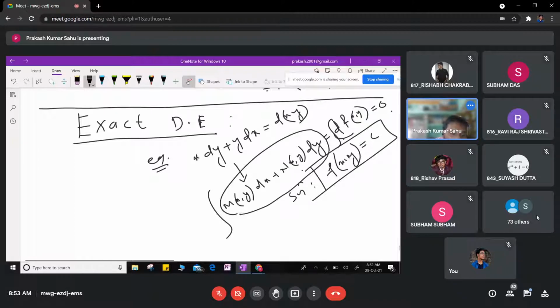Different methods and processes are there. What exact differential equation means is that M dx plus N dy is equal to d of some function f of xy. Okay, let us see exact differential equation. First you see.